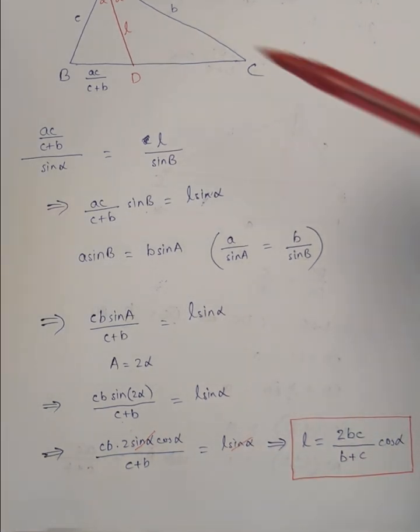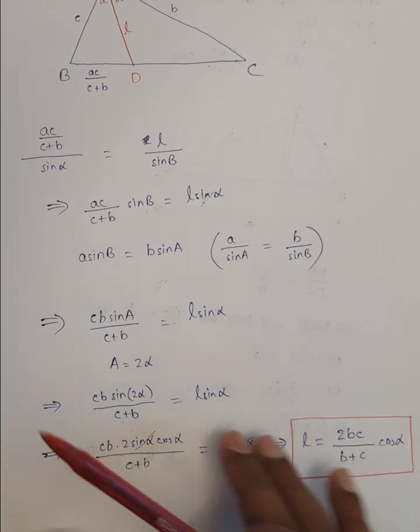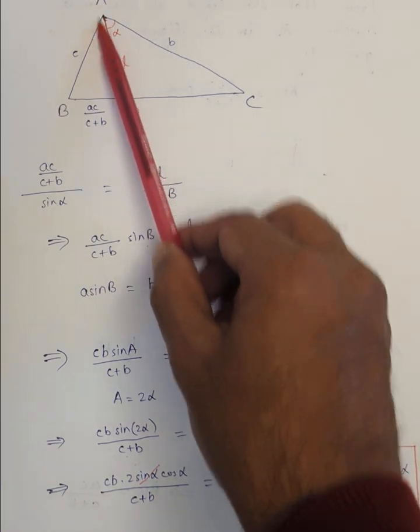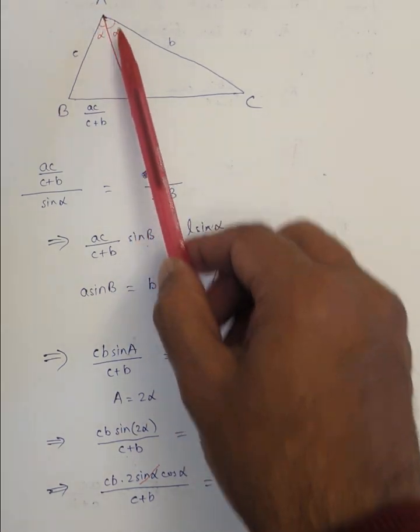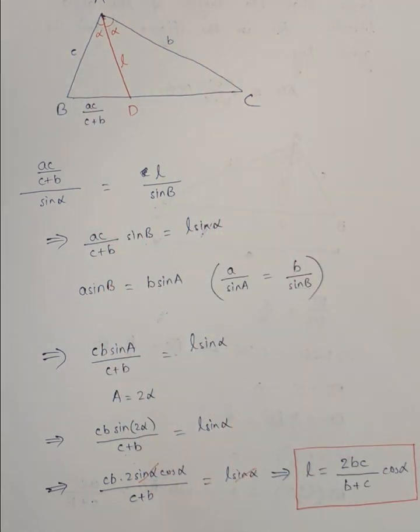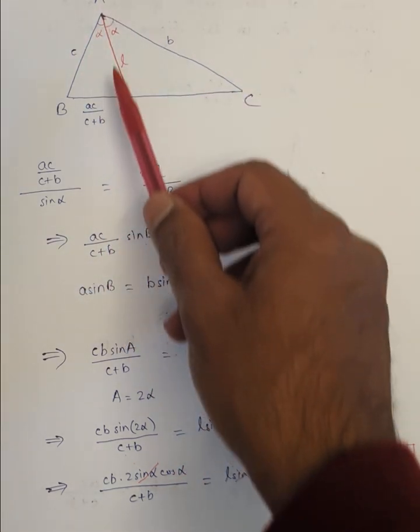And like I said, this quantity 2BC over B plus C is called the harmonic mean of B and C. So you can remember: the length of the angle bisector of A is the harmonic mean of these two sides that form the angle A, times the cosine of half of that angle A, or alpha.